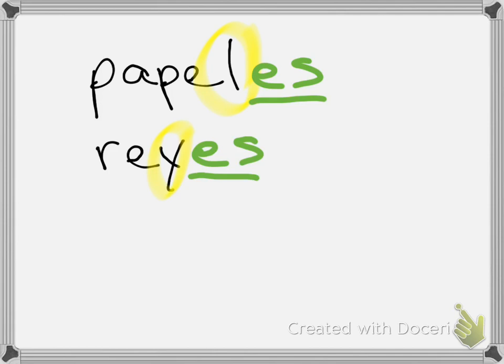See? So now let's talk about ones that are slightly weird. If you have a word that ends in a Z, okay, there's this little rule in Spanish that says a Z can never be followed by an E or an I. But Z is a consonant.